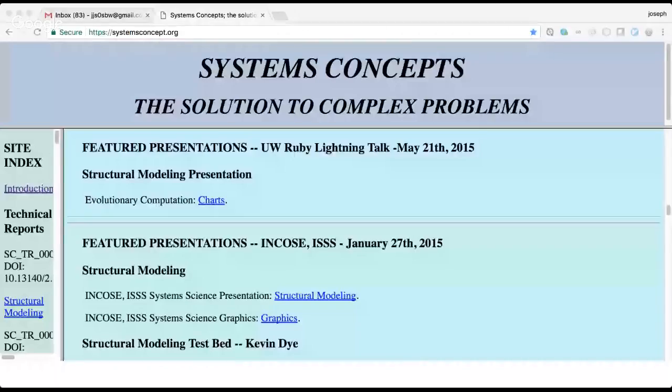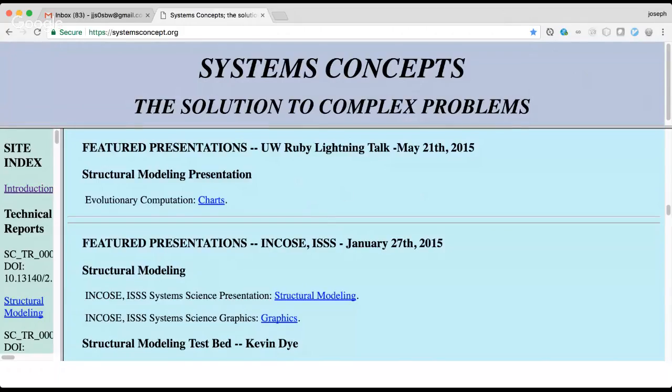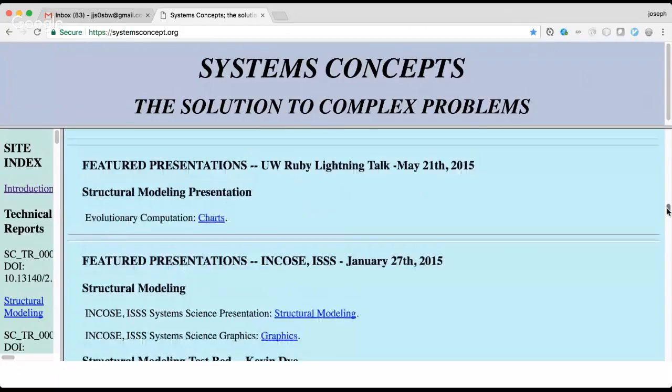Oh, my application screen. All right. So, can you tell me what you see? I see your website. Systems Concepts, Solution to Complex Problems, featured presentation. Okay, good.